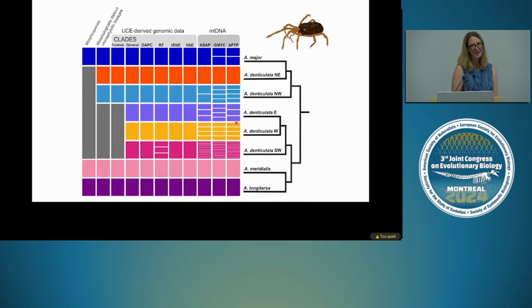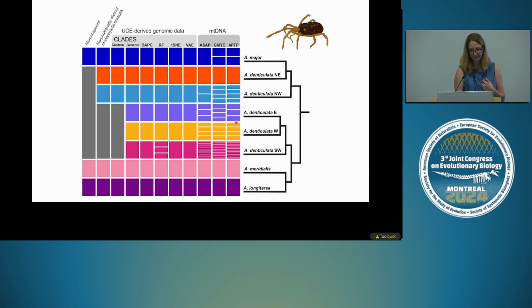Then just for good measure, we also performed species delimitation based on mitochondrial DNA, both previously published data and new sequences that we derived from our UCE bycatch. We performed a few of the standard modes of species delimitation on this data set, and as you can see, our cryptic species were split into many, many more, which is exactly what we expected to see.